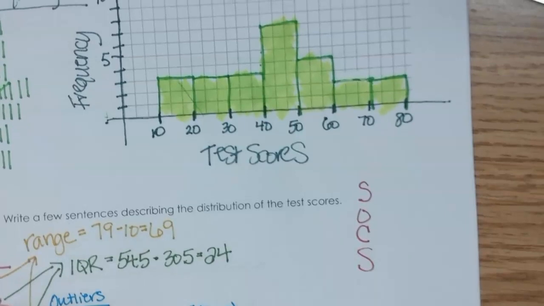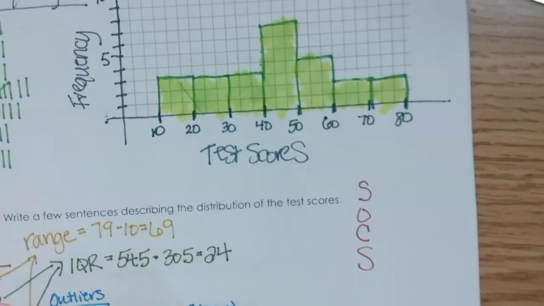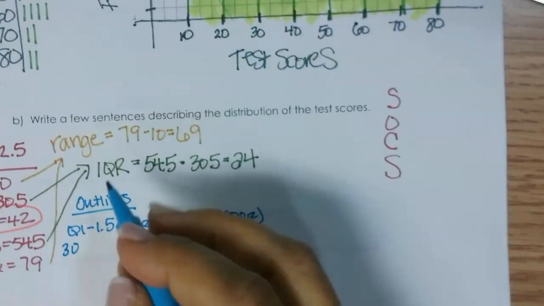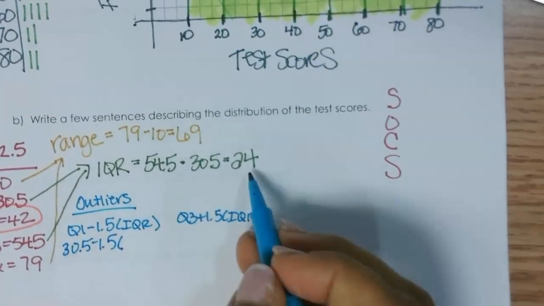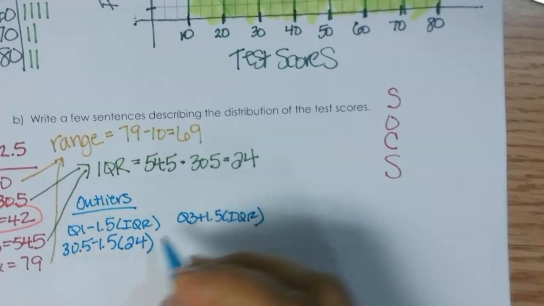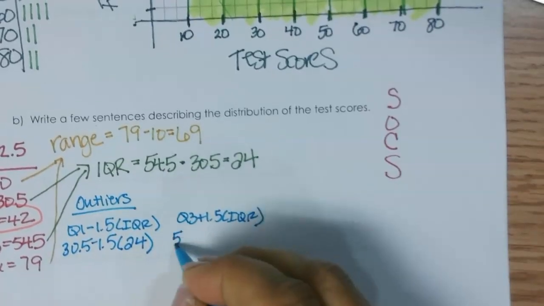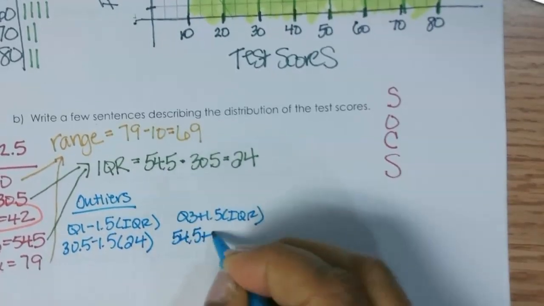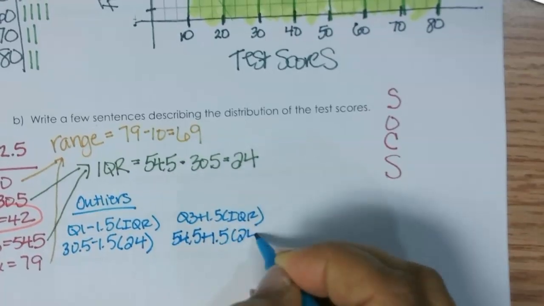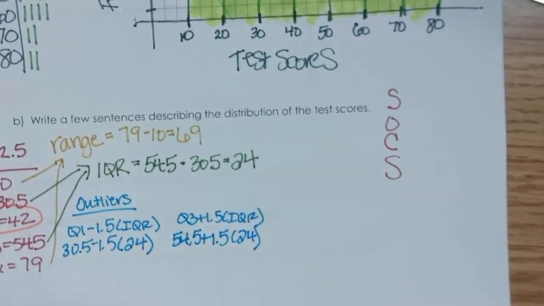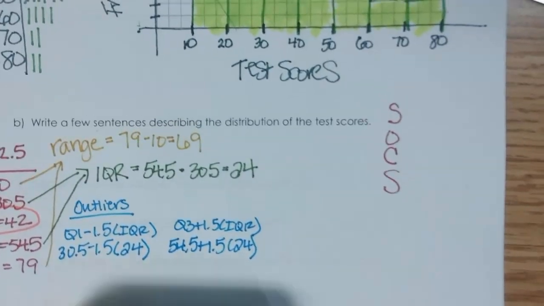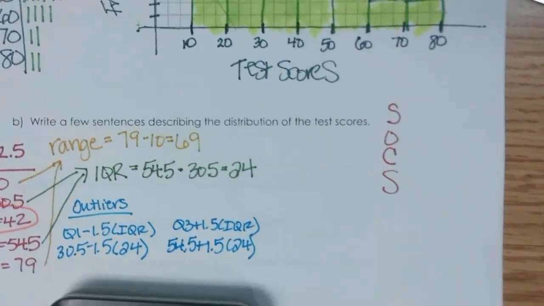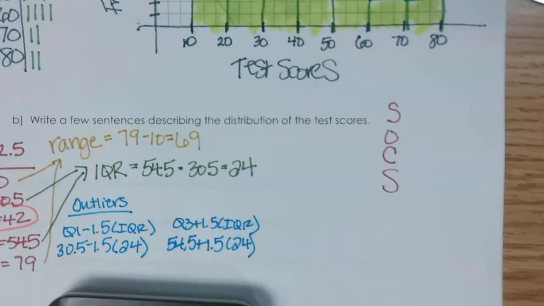So my Q1 here was 30.5, minus 1.5 times 24. And Q3 was 54.5 plus 1.5 times 24. Let's see what those boundaries are. So I'm plugging this in, 30.5. You don't have to see my screen. You guys know how to substitute in.